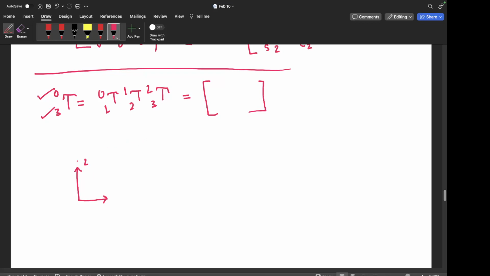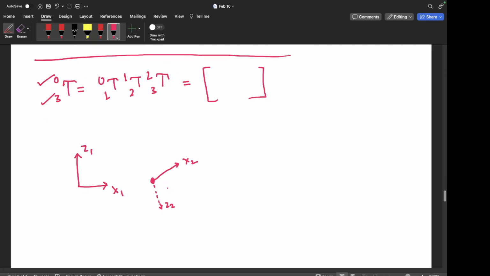frame positions. This is z1, this is x1, and this is x2, and z2 is out of the plane. So let me draw it like this, z2.